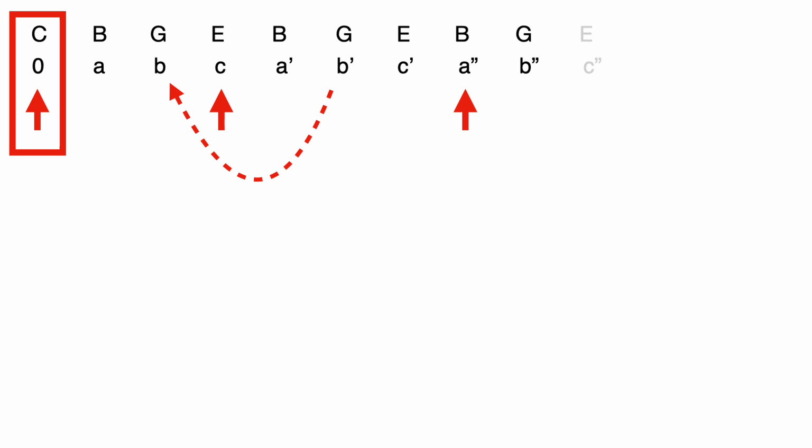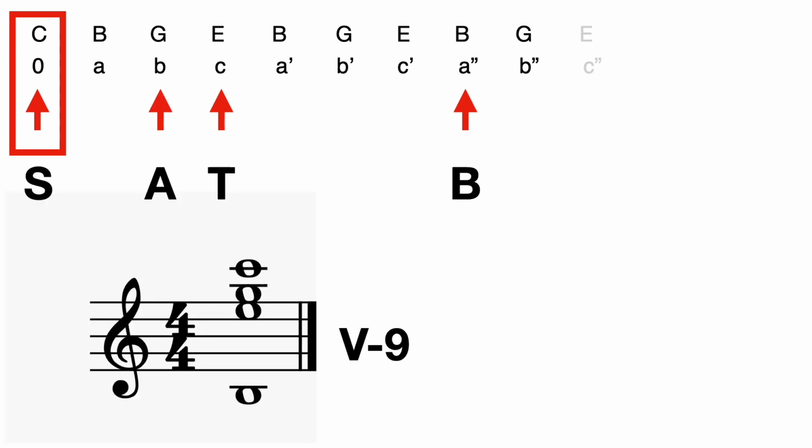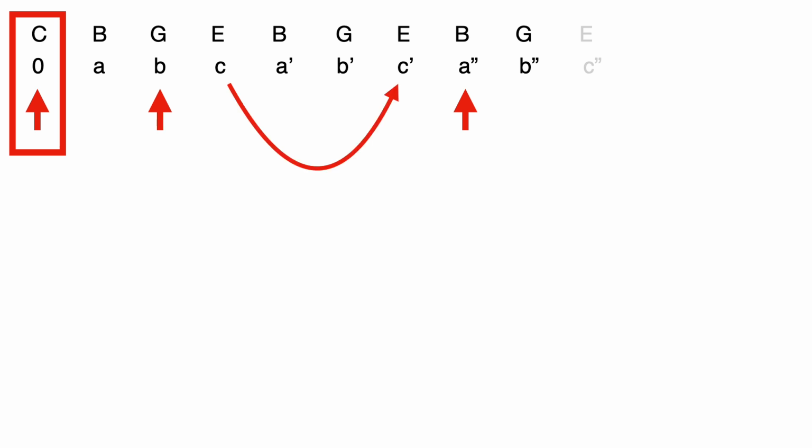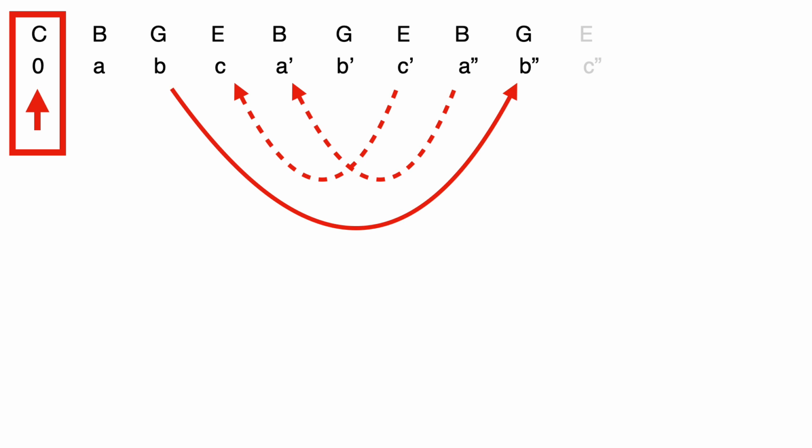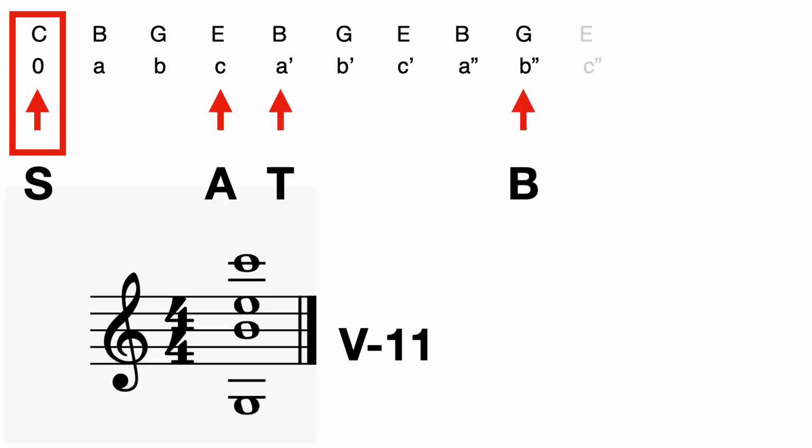If we move the G up an octave, now we get V9. If we move E down an octave, that brings us to V10. If we drop the G down 2 octaves and move E and B up an octave, this gives us V11.